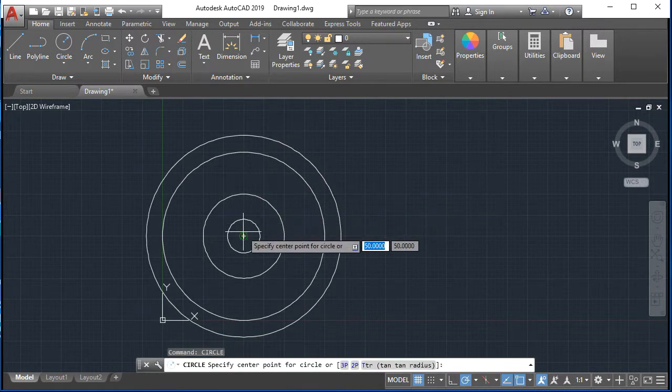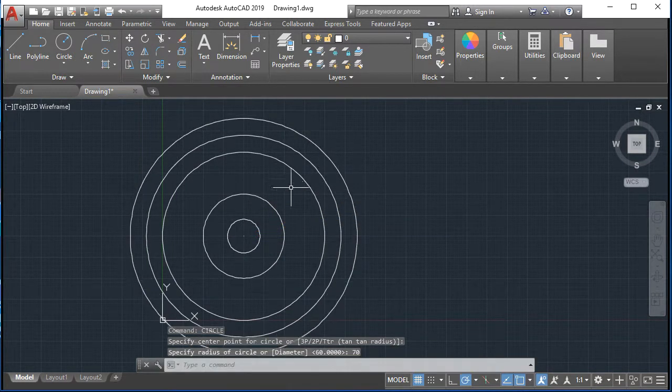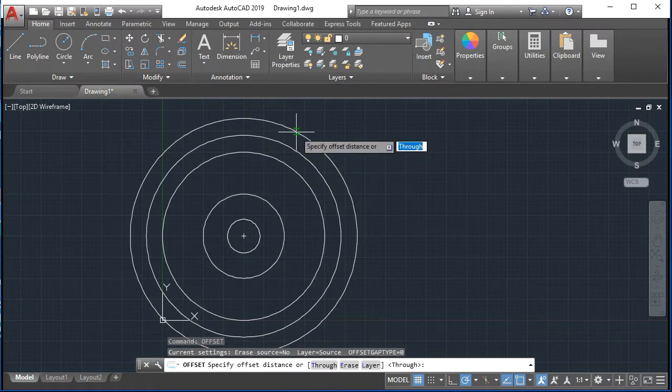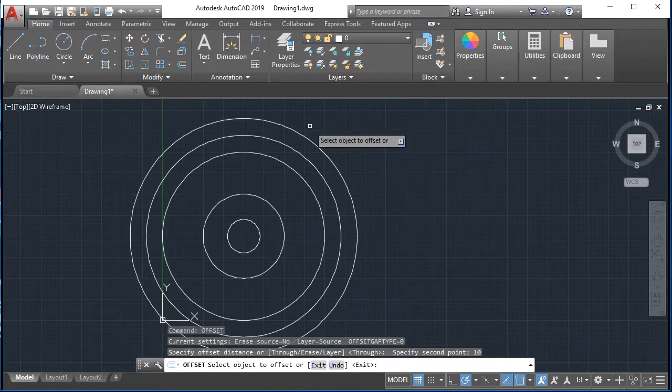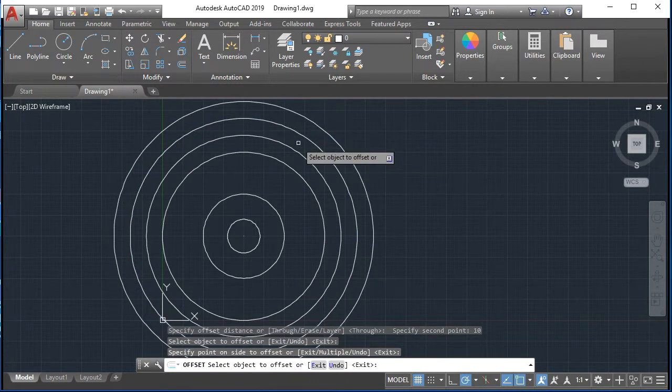Again circle, the same base point, 70. We can also use the offset option for this, so I am using offset. Instead of drawing all the circles, you can simply use offset. I click selecting the object, so it will also take it.